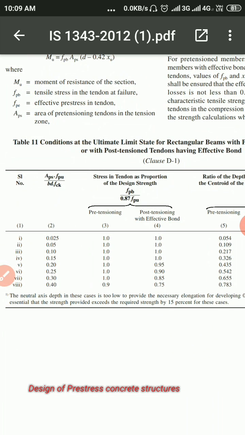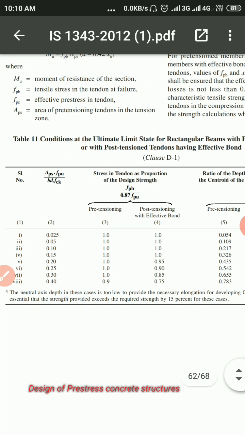In normal RCC we consider the area in the tension and compression zones separately, but here we are going to ignore the area or force in the compression member in prestressed concrete.